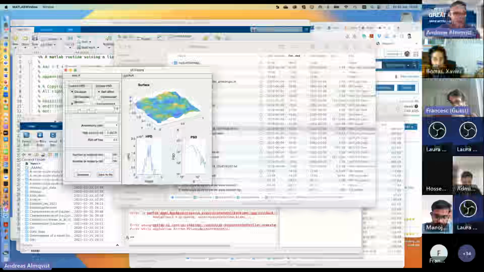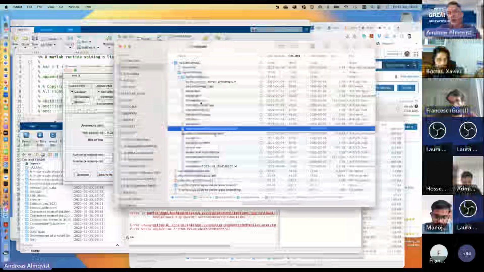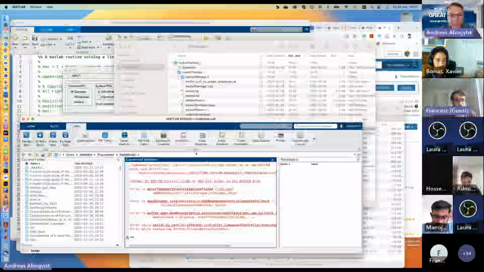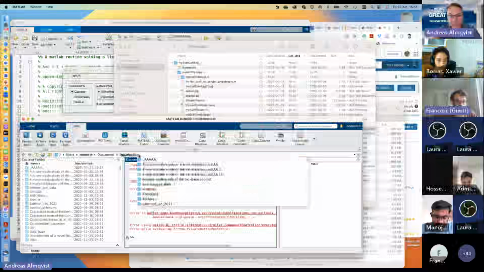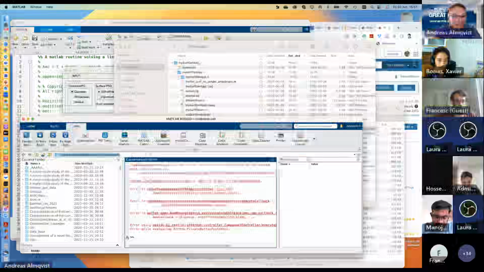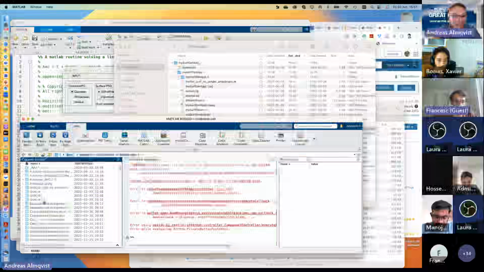You can randomize surfaces like this, but of course, very quickly you want to do more, and then you go back to this directory, and you actually have to browse there in your MATLAB window.